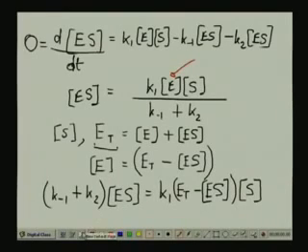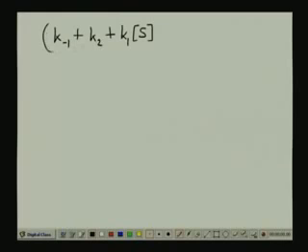Let's just do it. I will have on the left hand side K minus 1 plus K2 plus K1 S, all multiplied by ES, and what is this going to be equal to? K1 ET S.